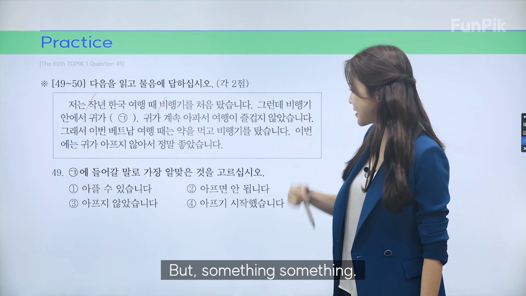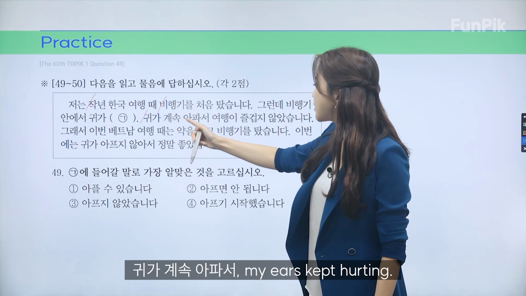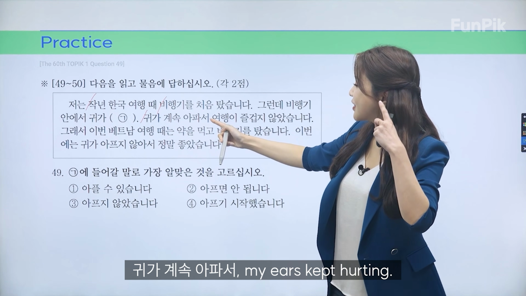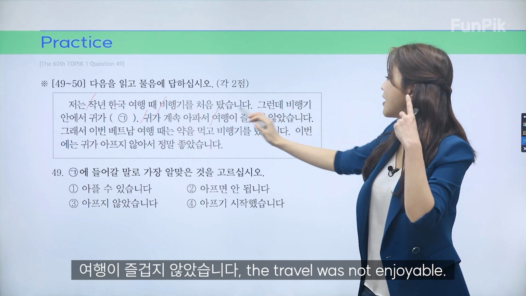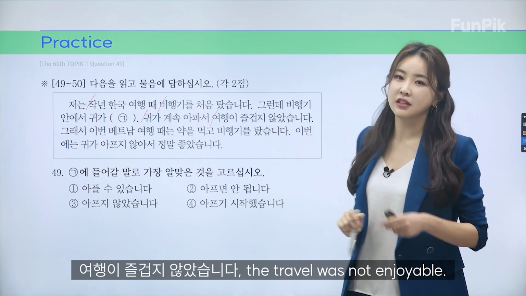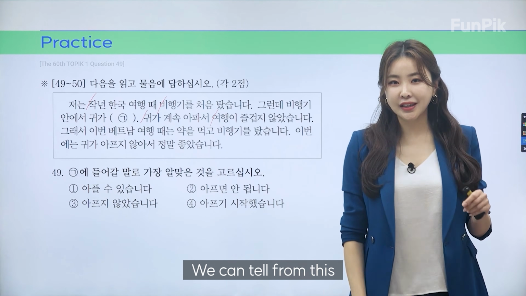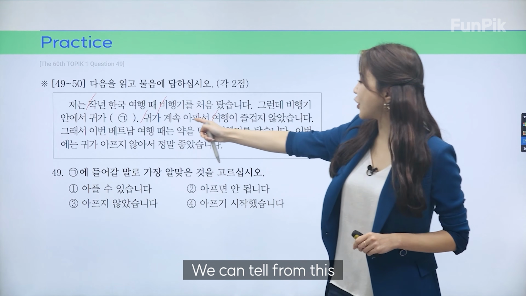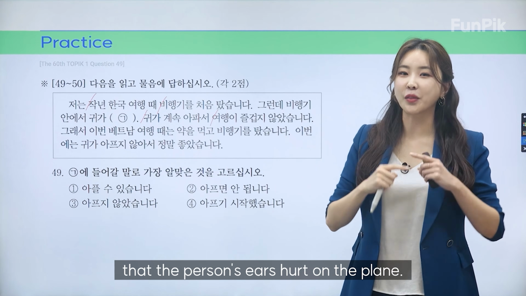But something. And the sentence after the one with the blank, 귀가 계속 아파서, my ears kept hurting, 여행이 즐겁지 않았습니다, the travel was not enjoyable. Okay, 계속 아파서. We can infer from this that the person's ears hurt on the plane.